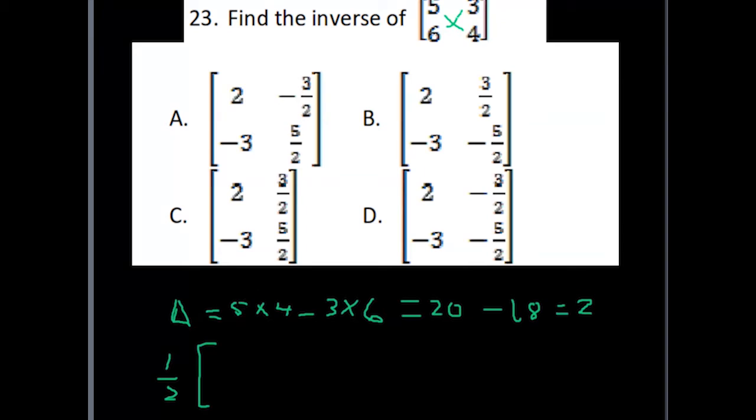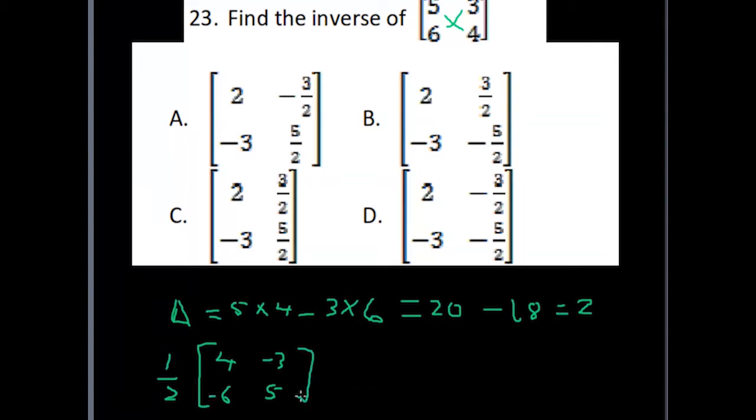We interchange the positions of 5 and 4, so we have 4 and 5 here, and we add a negative sign to the other two positions not interchanged.